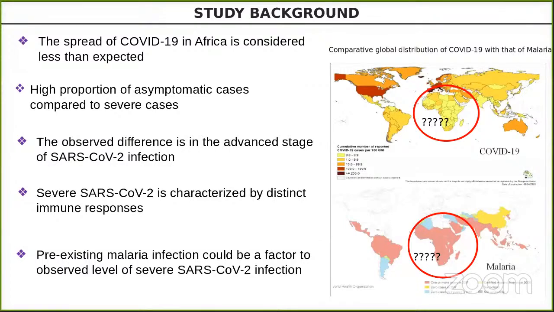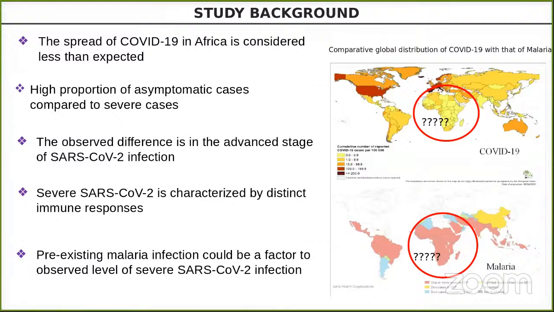These severe stages are described by distinct host immune responses, such as inflammatory cytokine release. An example is hyperinflammation and cytokine storms, which provoke severe lung alterations that can lead to multi-organ failure.